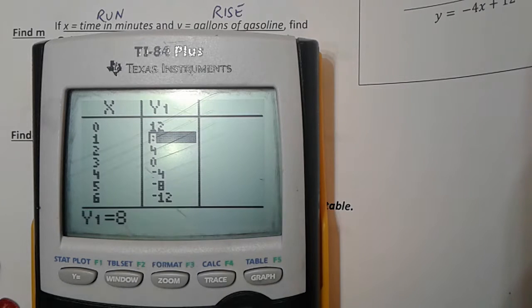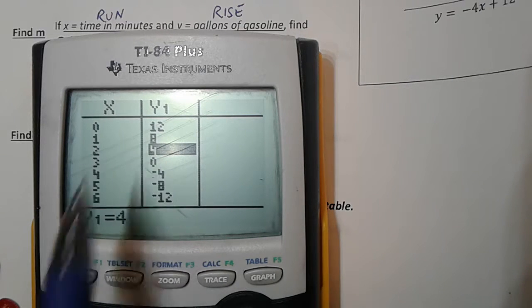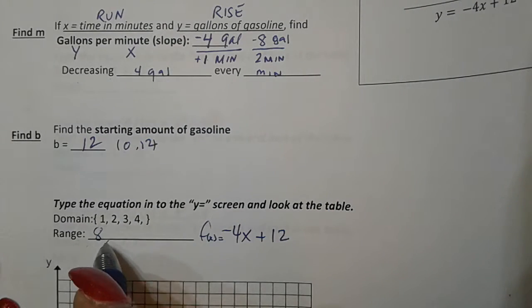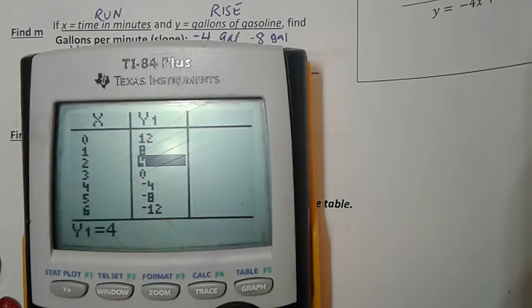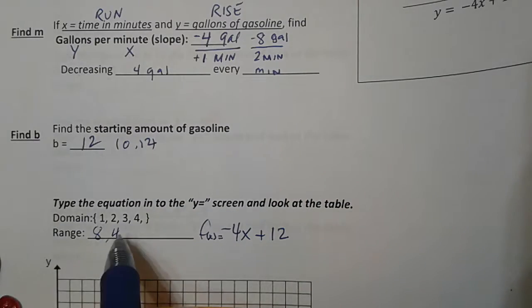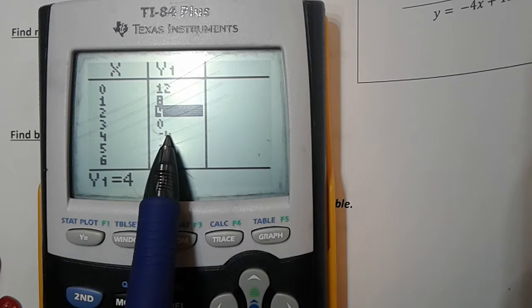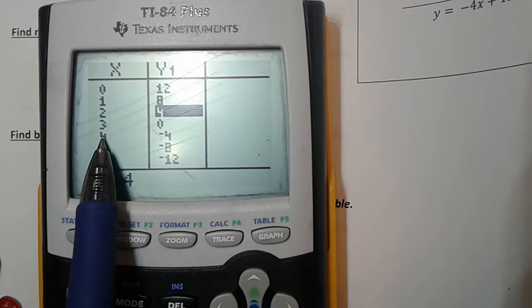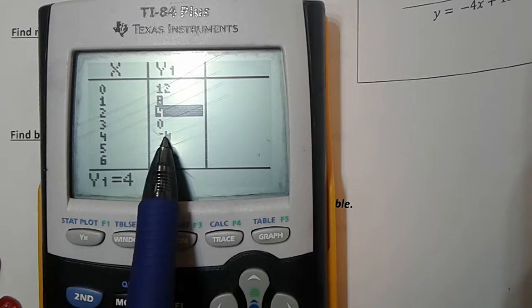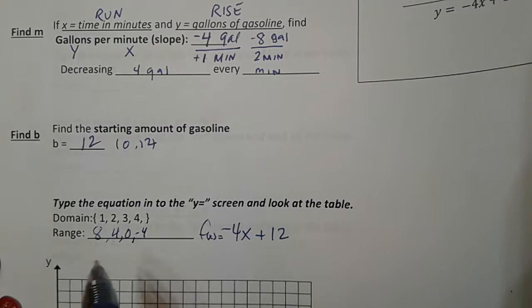When x is 2, the y value is 4. When x is 3, the y value is 0. When x is 4, the y value is -4. So domain is 4, range is -4. And now we have our range values given this function.